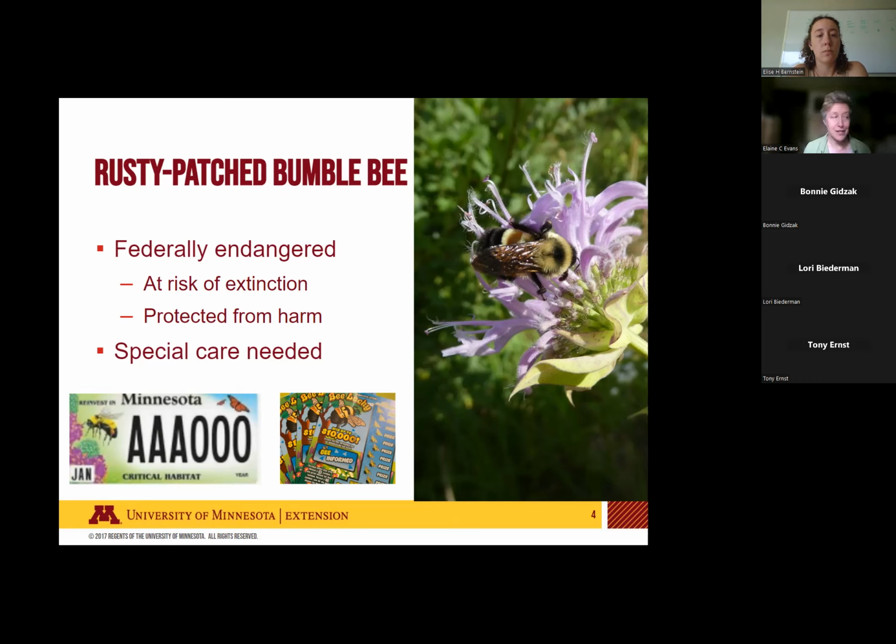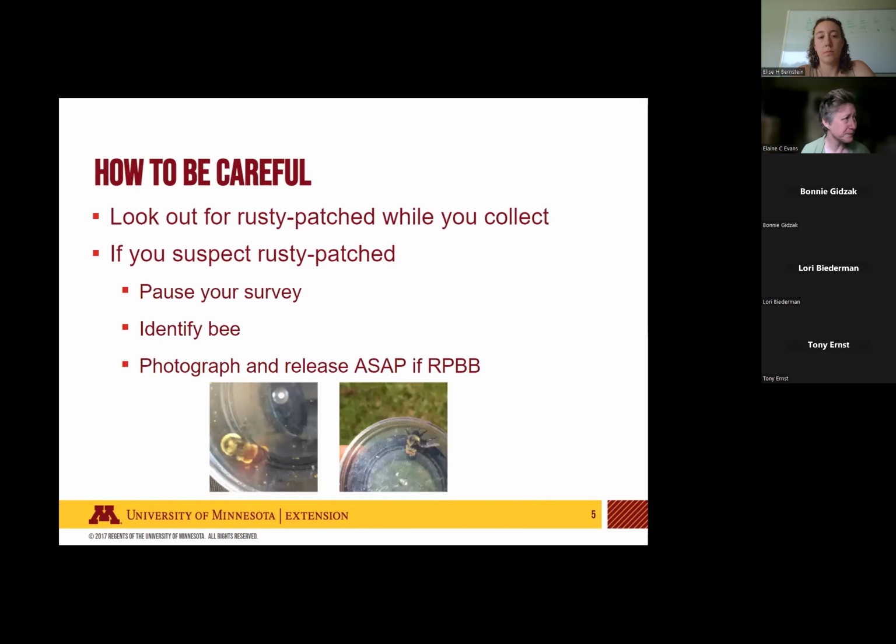But because they have this federal protection, they are protected from harm, and special care is needed if you're in areas where we suspect that they might be, based on past sightings. And here in Minnesota, it is also our Minnesota State Bee. We have a Rusty Patch Bumblebee license plate. A couple years ago, they even had Rusty Patch Bumblebee lottery tickets.